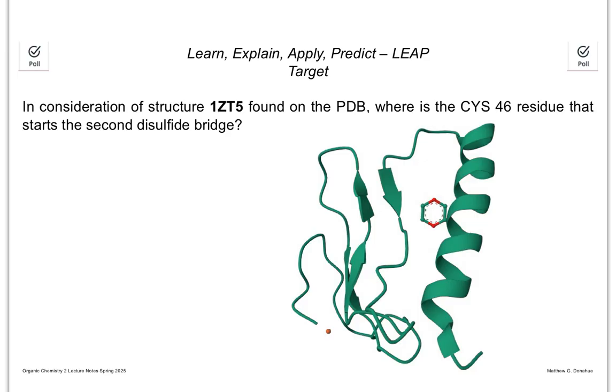So if I didn't know where it was and you had to look at the structure, could you point me in a region where I could find it? So it's right where like the second arrows meet.